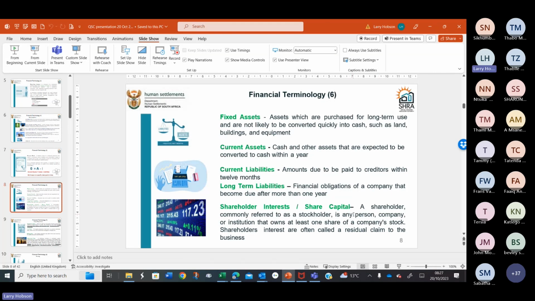When there is a liquidation of the company, the people to whom money is owed are paid first, and the shareholders only get the residual claim from everything that's left over. And if it's a liquidation, there's usually nothing left over because your debts are more than your assets. So the shareholders end up losing their whole investment in most liquidation situations.